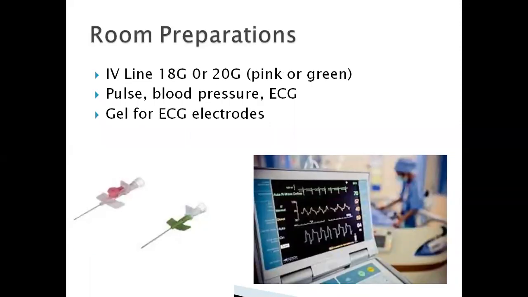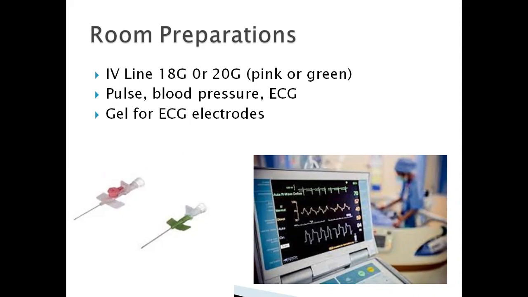The other thing that you have to make sure is ready is your room itself. Do you have your BP machine, your ECG? Do you have gel for electrodes? And one of the most important things, your IV line. The IV line that is most preferable is the 18G, which is the green cannula.